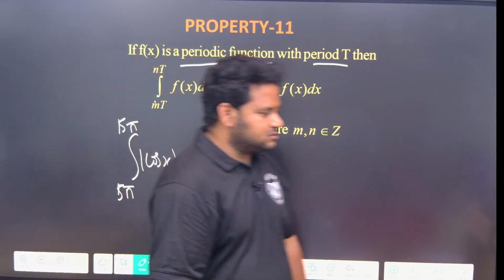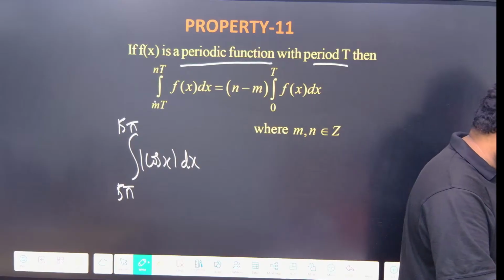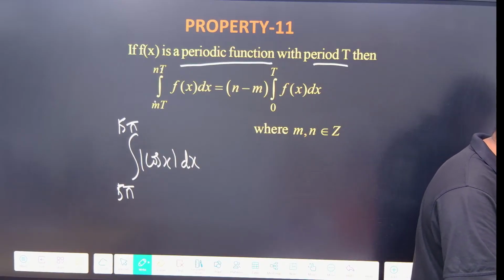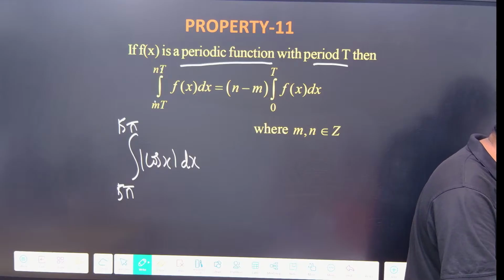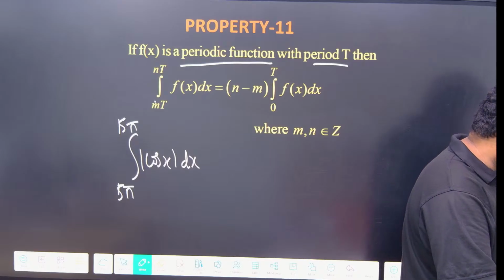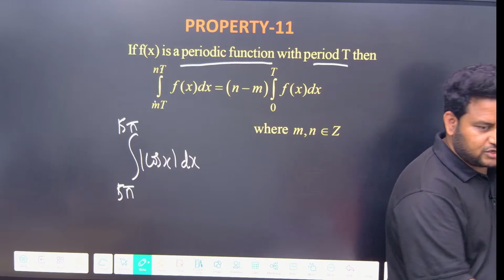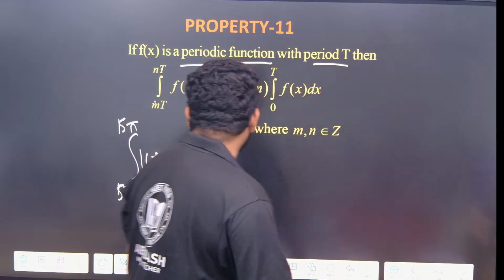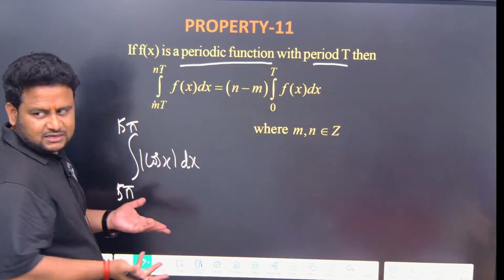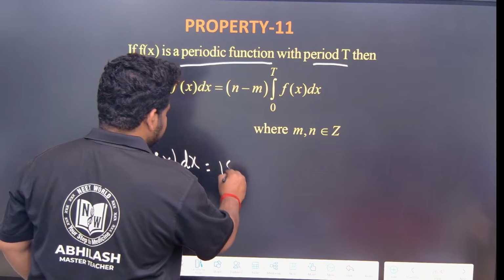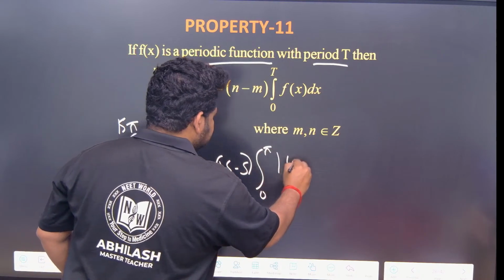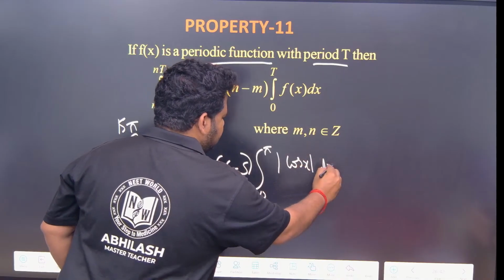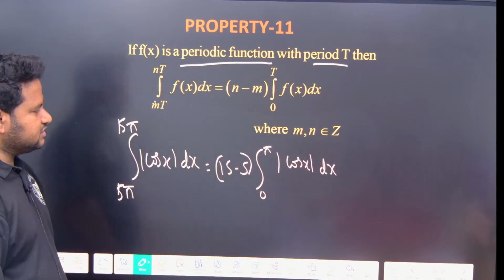How do we do this? 15 minus 5 is 10. You will write it as 15 minus 5, and the integral from 0 to pi of mod cos x dx. What is the value?